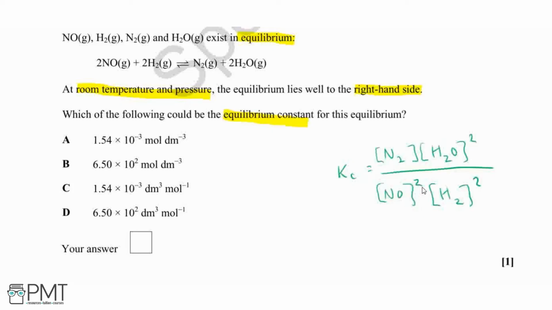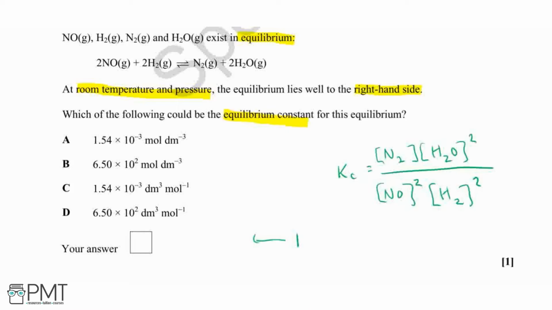Now, if our equilibrium constant was roughly in the middle, then that will mean that we've got equal quantities on the top and on the bottom of our equation, which means that we will get a value close to 1. So that is if it is equal. Now, if our equilibrium lies to the left-hand side, we would expect a value of less than 1. So we're looking for standard form with negative indices.